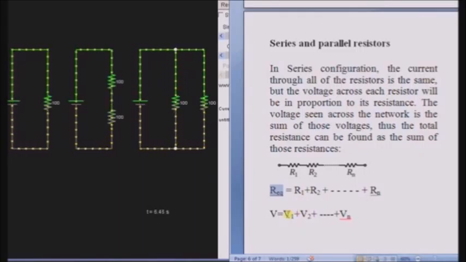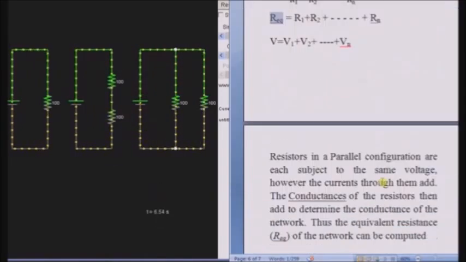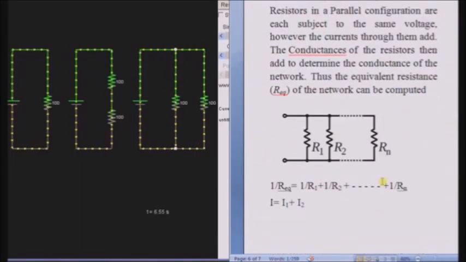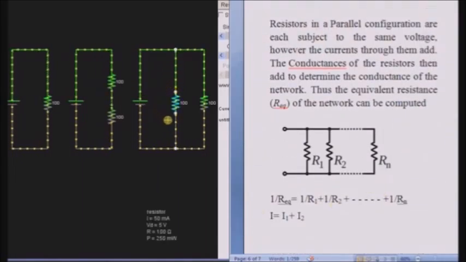Whereas the voltage is different for each resistor, proportional to the resistance. The voltage across each resistor is different, proportional to the resistance of that particular resistor. Now, when the resistors are connected in parallel like this, the equivalent resistance of that circuit can be calculated with this formula.